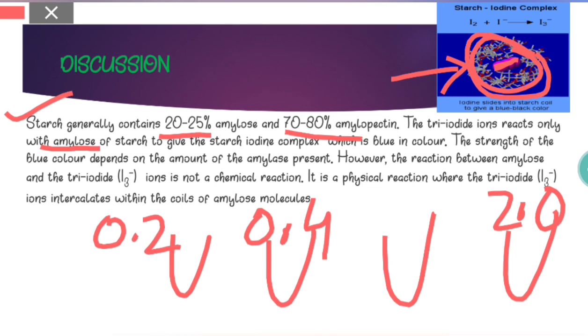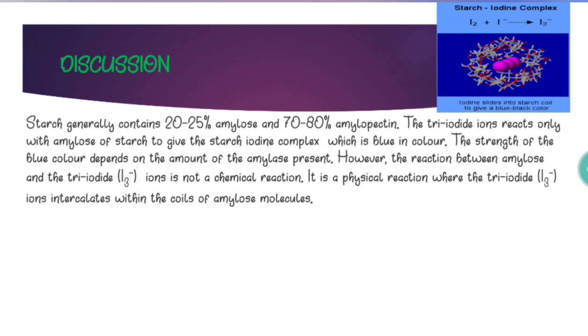So the intensity of the color, the strength of the blue color, depends on the concentration of amylose present in the starch solution. That means the intensity of the blue color increases with increase in starch concentration, that is, in amylose concentration, as starch is made up of amylose and amylopectin.